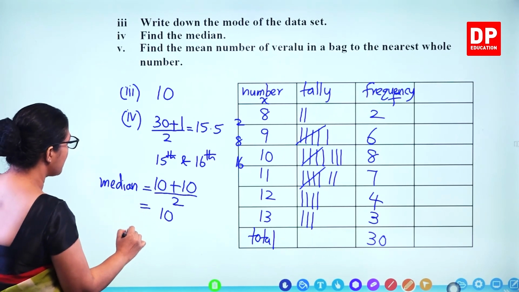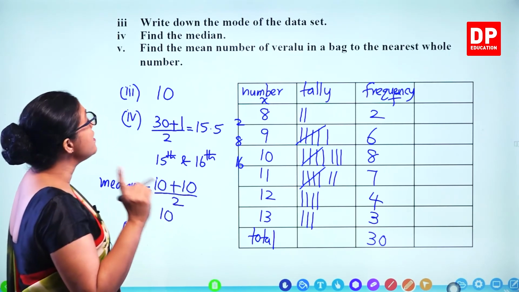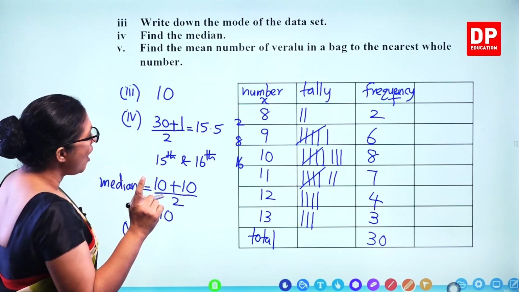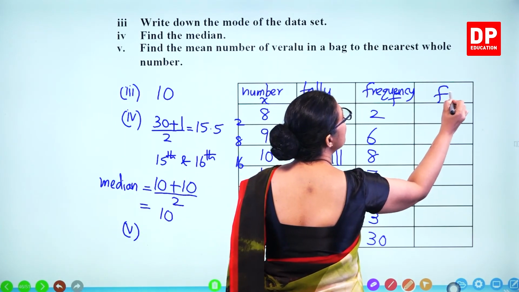Then last part. Find the mean number of Verelu in a bag to the nearest whole number. How do you find the mean? You need the fx column.